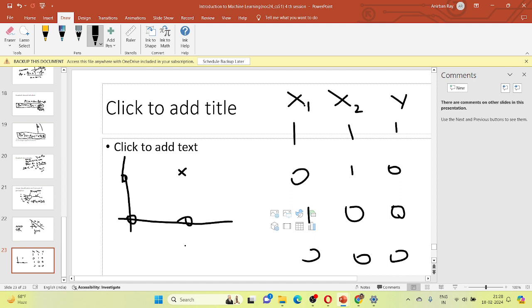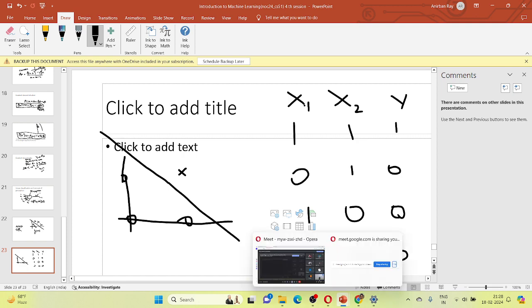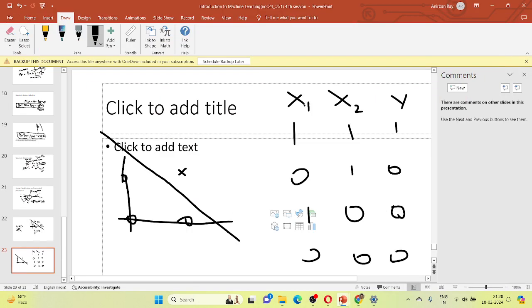Okay. So we need a classifier here to separate into two distinct regions. And what will be the equation of this? Can anybody say?